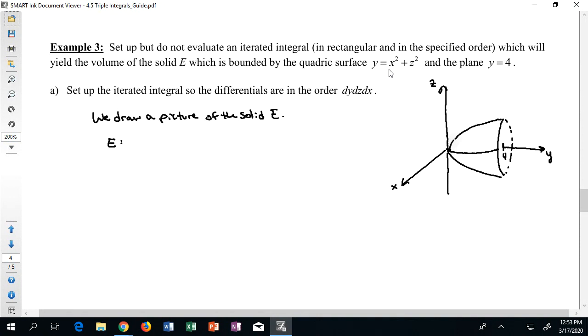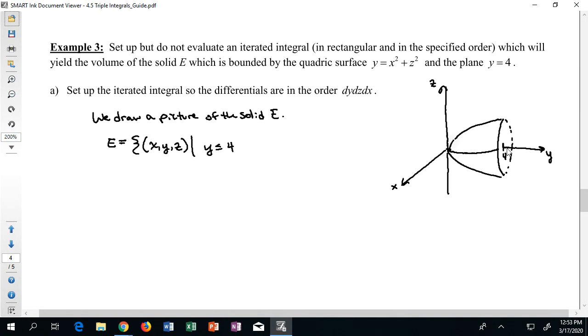So I'm going to go ahead and think about ways that I can begin to communicate E. This solid E is built of a bunch of points x, y, z. And I can already see a couple properties that are true about this solid. All the points that I need to use need to have a y coordinate that's less than or equal to 4. That's got to be the case. But again, I can imagine maybe a little person floating around on the inside of that particular solid.